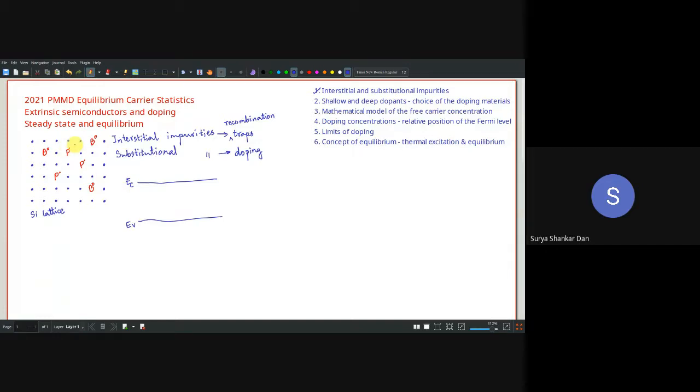What a donor as such does, let's not talk about phosphorus as of now, is that it will create another energy level, which we will call the donor energy level.